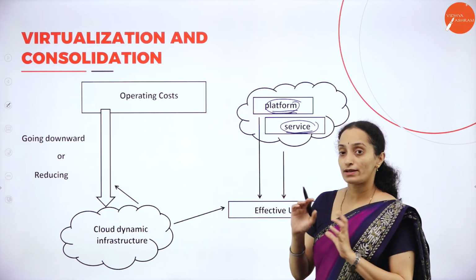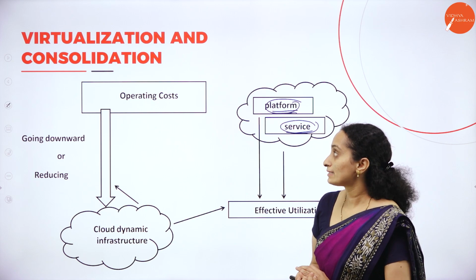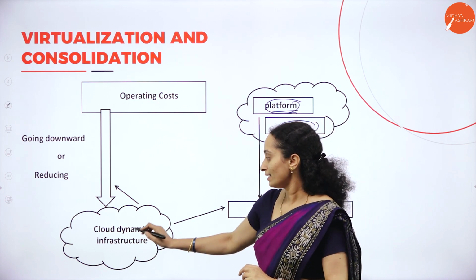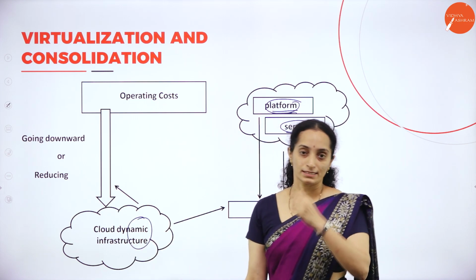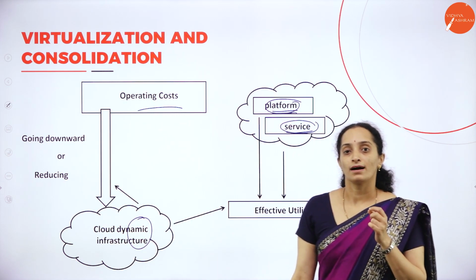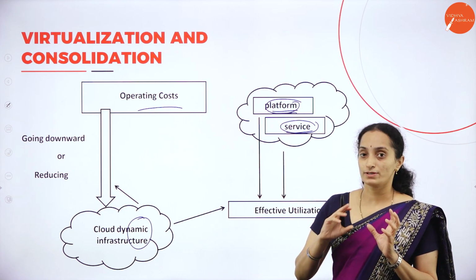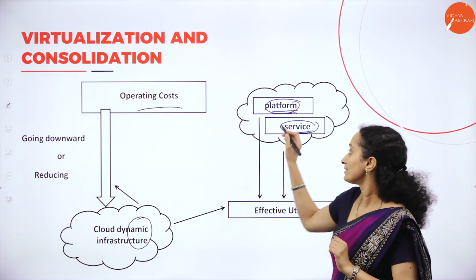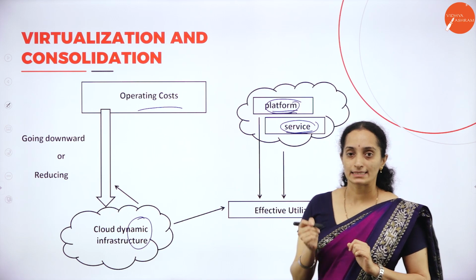You can have the virtual thing. In such a case, in virtualization, the cloud dynamic infrastructure must reduce the operating cost according to the change in the client's need for accessing the platform or the service.